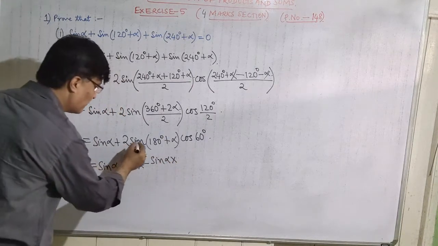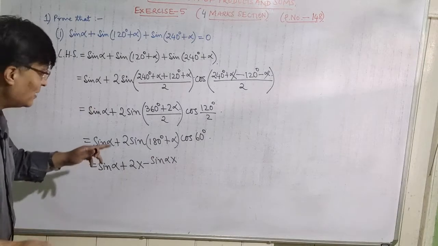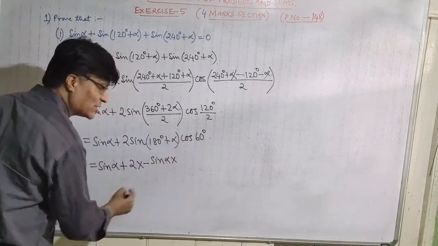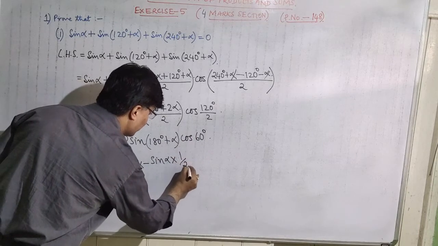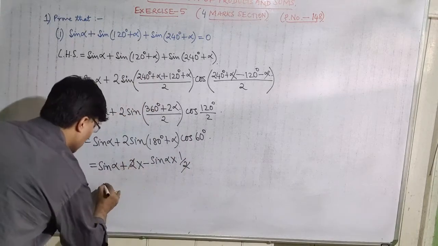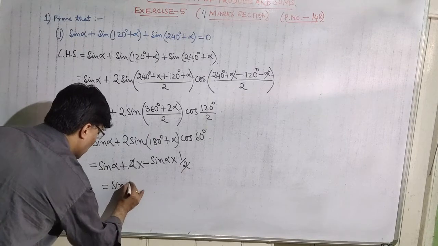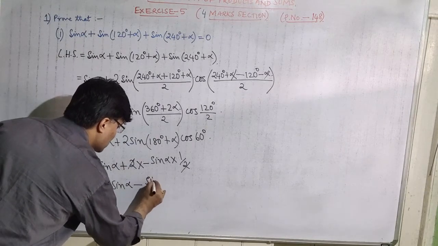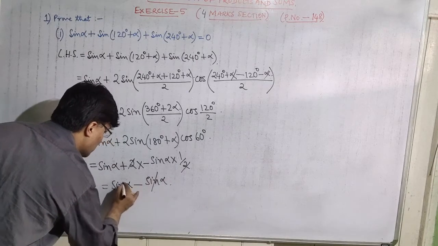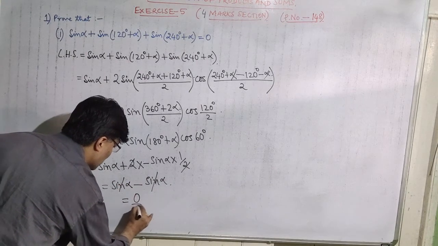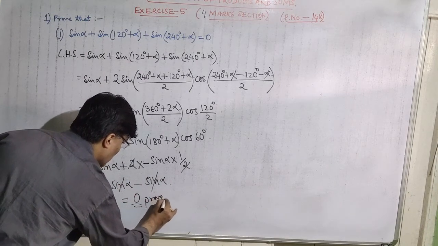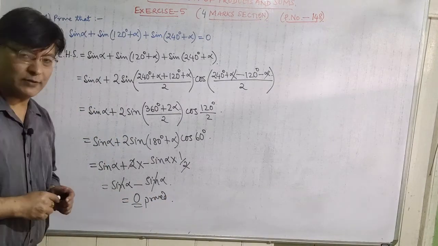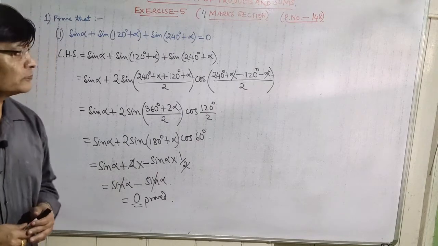So sine 180 plus alpha is minus sine alpha, into cos 60. Cos 60 is half. Here 2 will be cancelled, so this is sine alpha plus minus sine alpha. Both of these will be cancelled, which is equal to 0. So it is proved. I think you have understood it, so you can copy it.